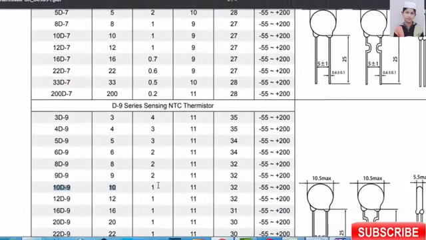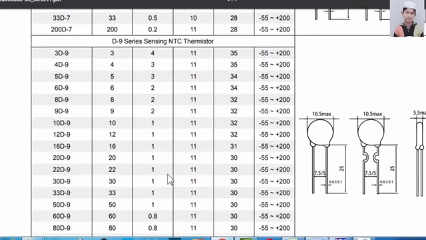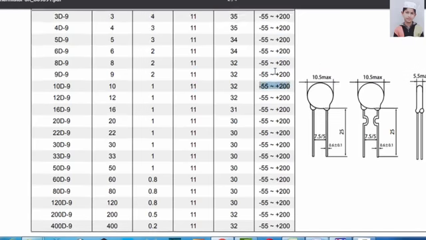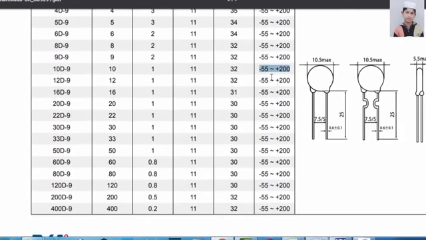The second one is thermal dissipation. It is constant 11, and the next is 32 constant. The last one is temperature range, minus 55 degree to 200 degree centigrade.